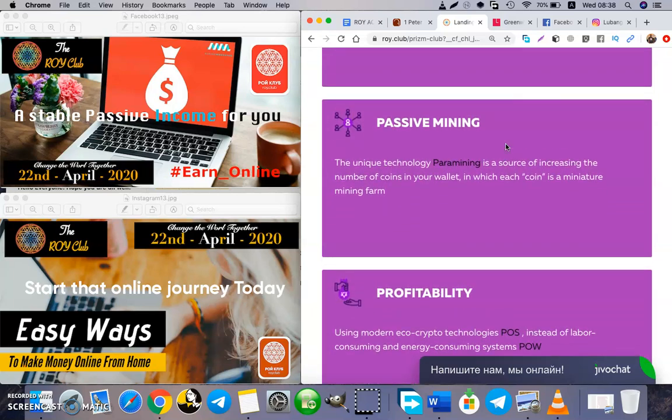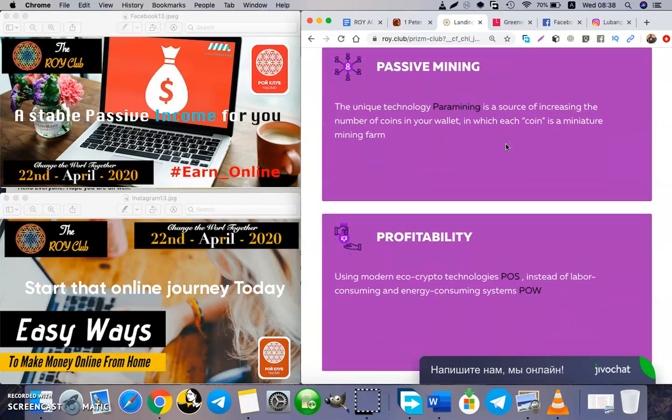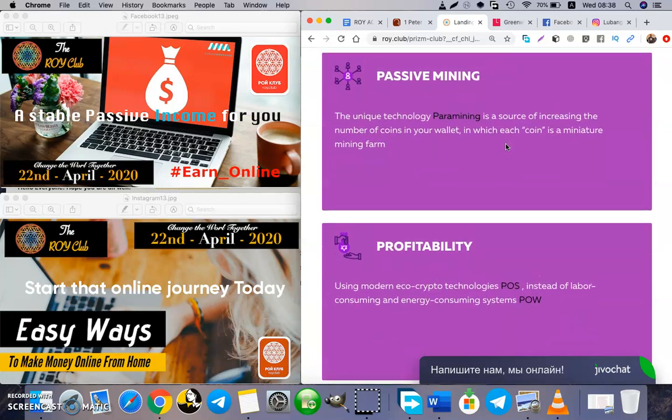Looking at the speed, then the passive mining. So definitely here is the main uniqueness of the PRIZM cryptocurrency. Okay, passive mining.